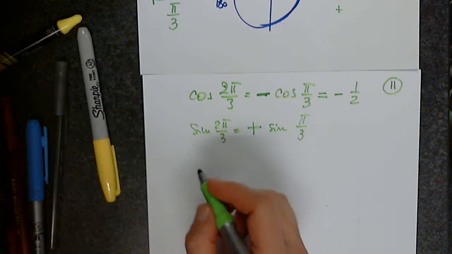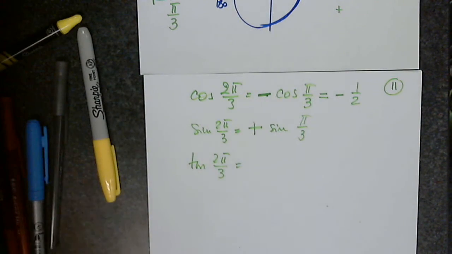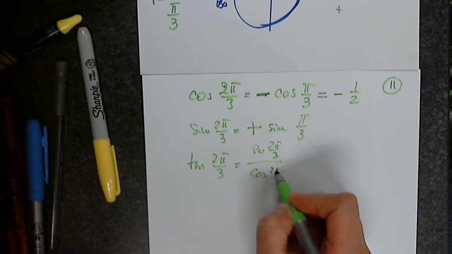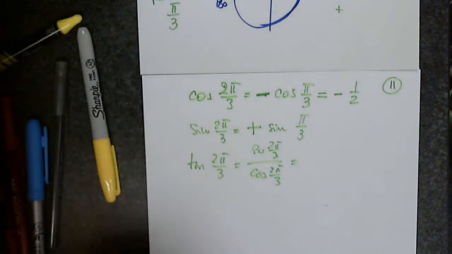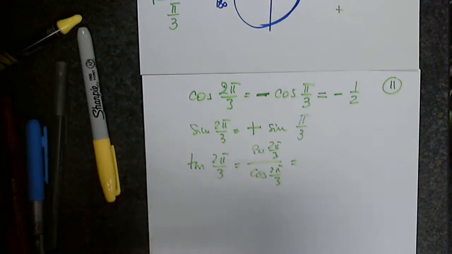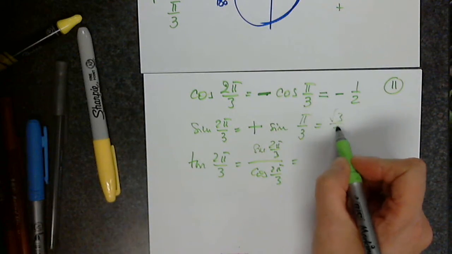What if now I ask, okay, let's determine tangent 2 pi over 3. What does tangent equal? Right? So I have sine 2 pi over 3 over cosine 2 pi over 3. I don't have to memorize this. Oh, I didn't finish it here. I'm sorry. So how much is sine pi over 3? The square root of 3 over 2.